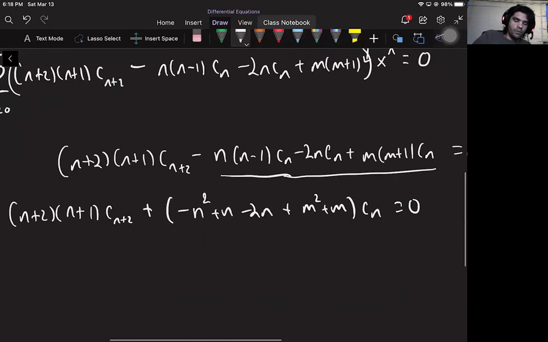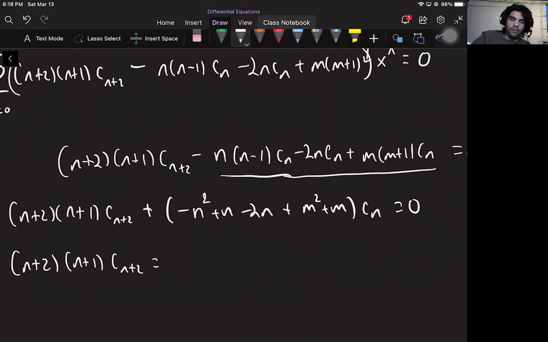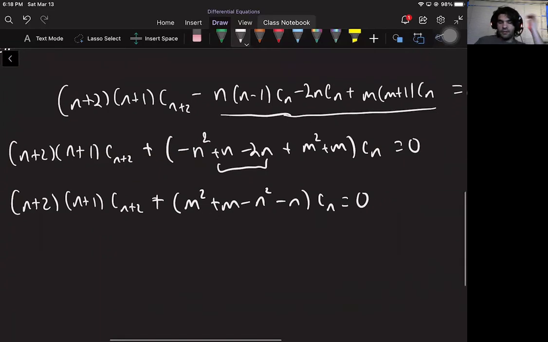And we're going to have to bring in our old pal algebra and do a sneaky little trick here. So, oops. So let me write this in a very specific way. I'm going to write it as m squared plus m minus n squared minus n. And now this thing, I'm going to rewrite it by doing a little trick.